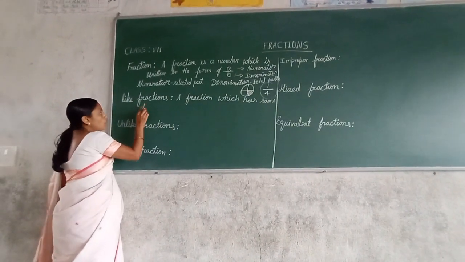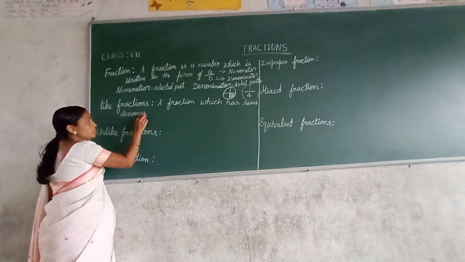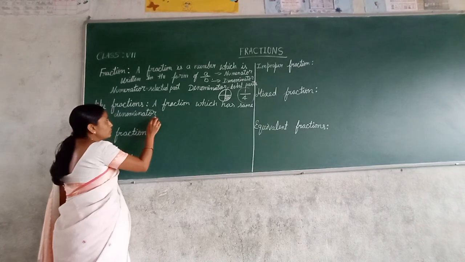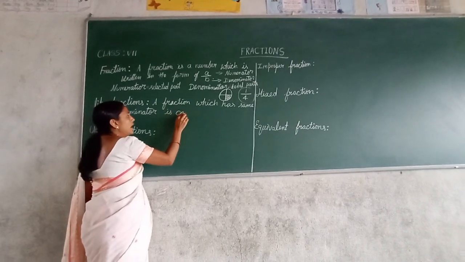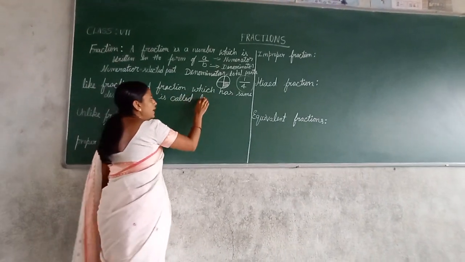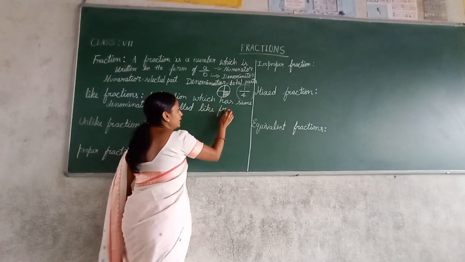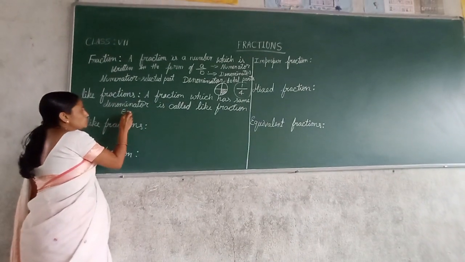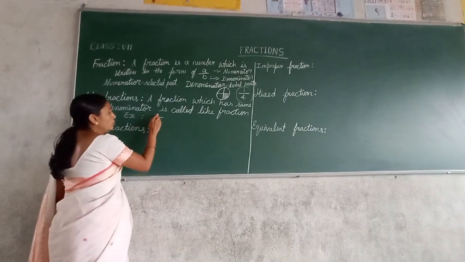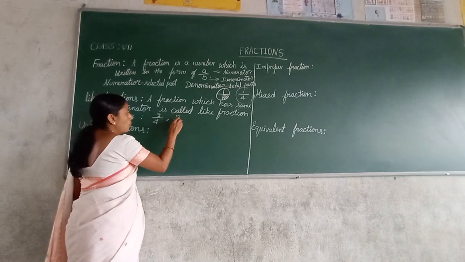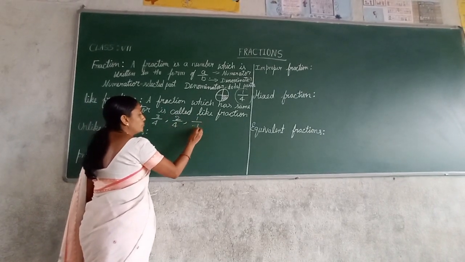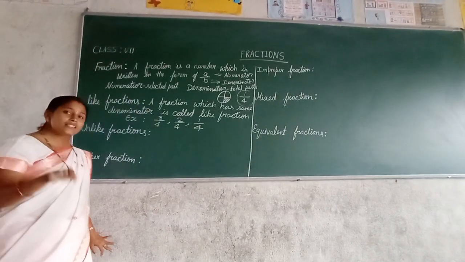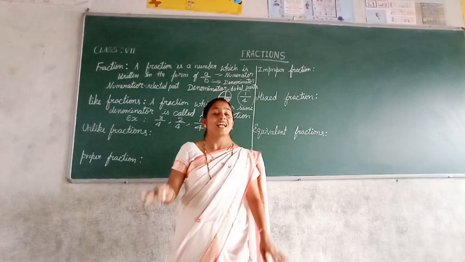This is very important: the denominator must be the same. For example, 4 upon 3, 2 upon 4, 1 upon 4. Here all these denominators are the same, so they are called like fractions.